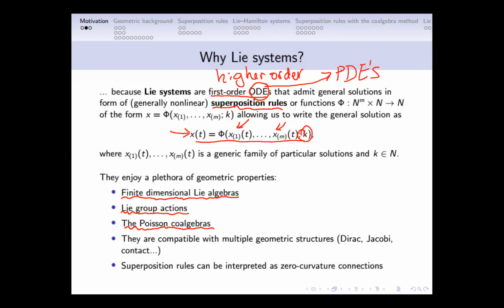Furthermore, I'm just going to talk here about Lie-Hamilton systems, which are the ones connected to Poisson. We could also talk about many other compatible geometric structures, of which Dirac is probably the most important, and also contact. And for those interested in other things, superposition rules can be interpreted as zero curvature connections as well. So those are some nice geometric properties.